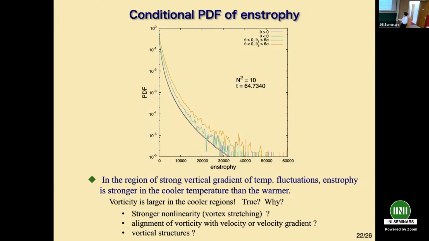But we see that in the cooler region there is stronger nonlinearity, either vortex stretching, or alignment of vorticity with velocity or velocity gradient, or vertical structures.